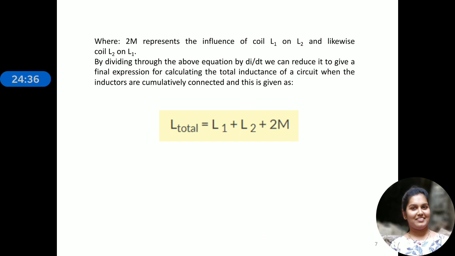This is the expression we write when two inductors are connected in series and are cumulatively coupled. That is, if the current flowing in both inductors has the same direction, the total inductance is L1 + L2 + 2M. This is cumulatively coupled series inductors.